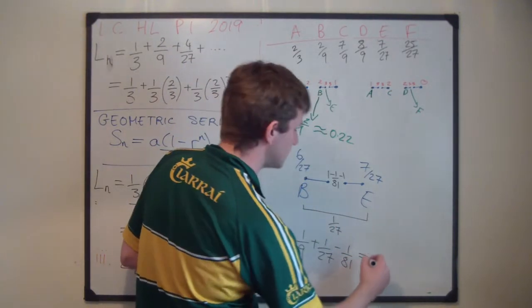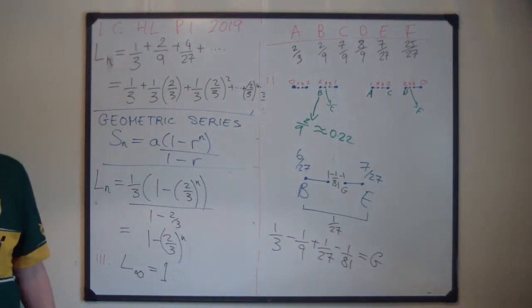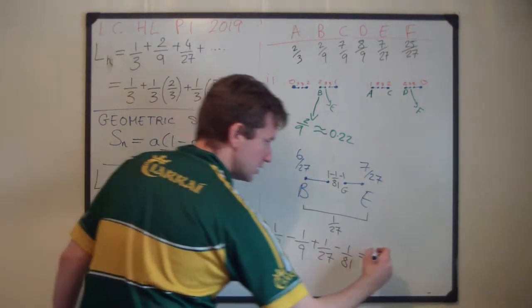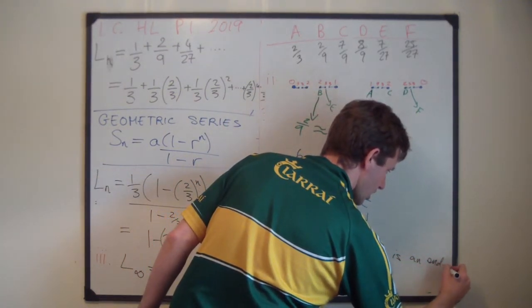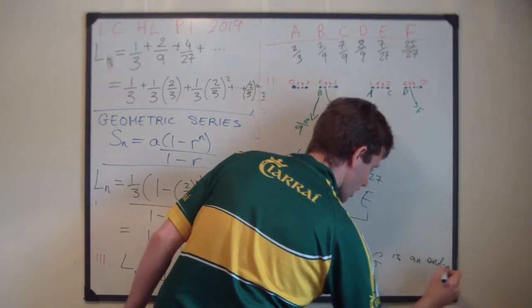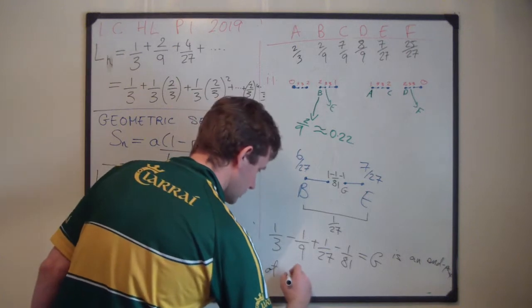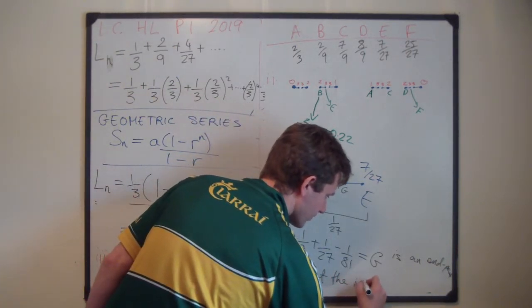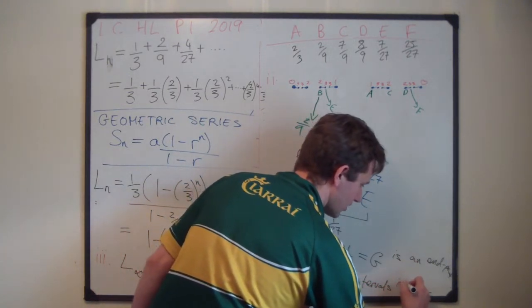I'm going to call it G. So give a reason why this is a point in the Cantor set. G is an endpoint of one of the intervals in the fourth step.